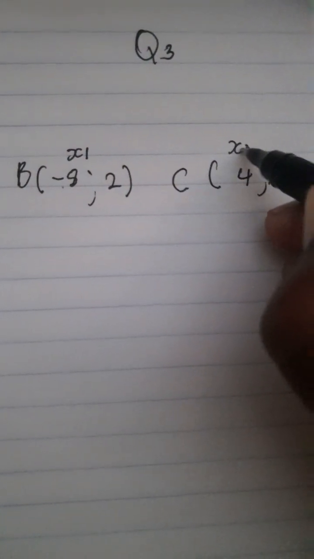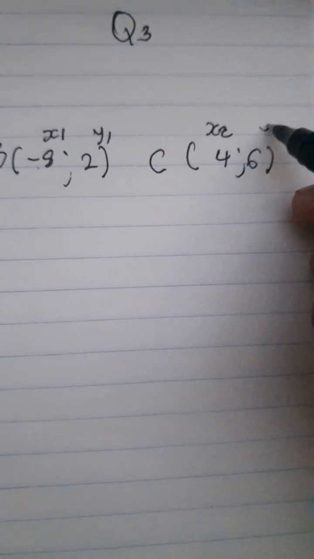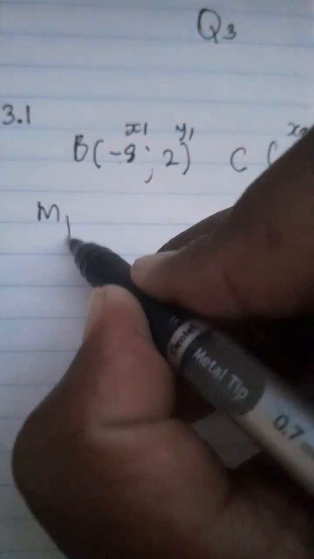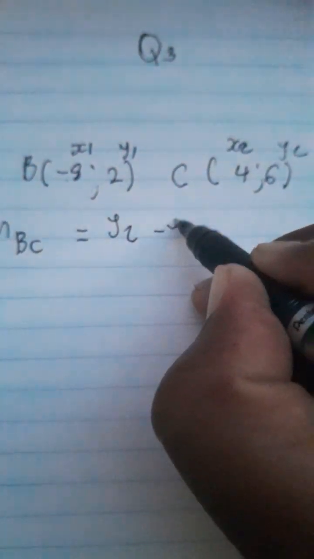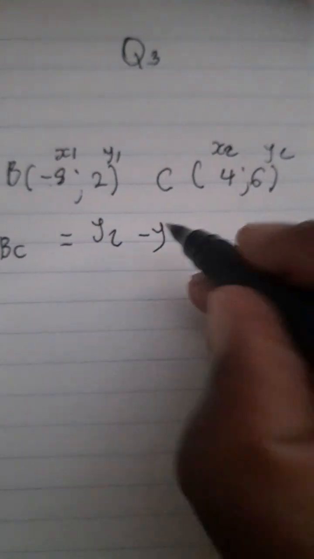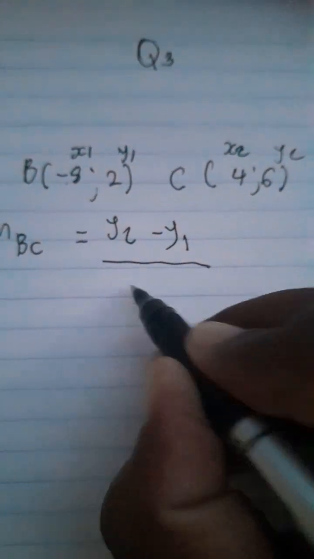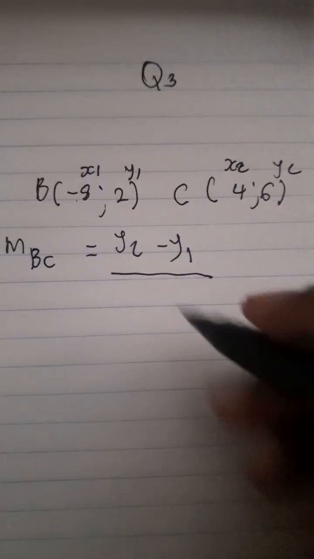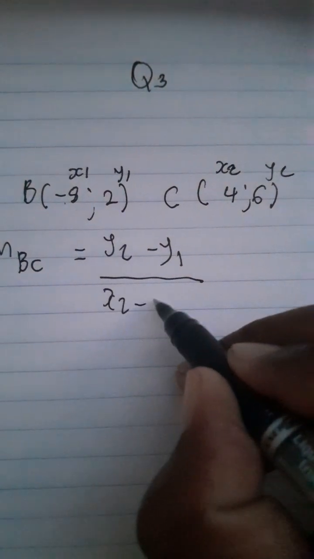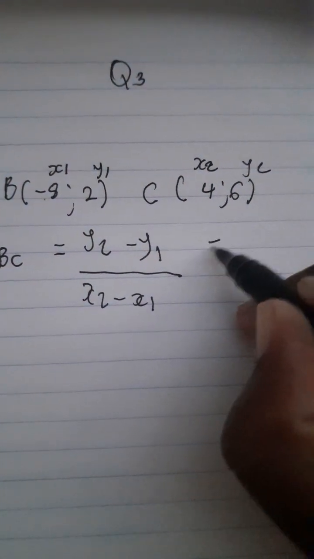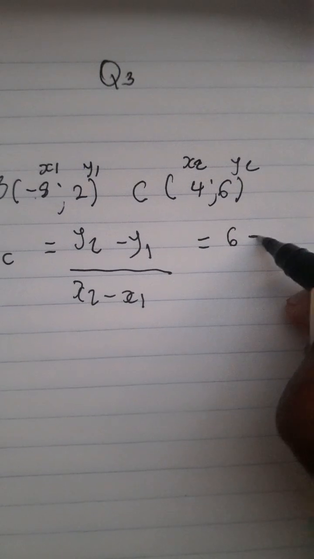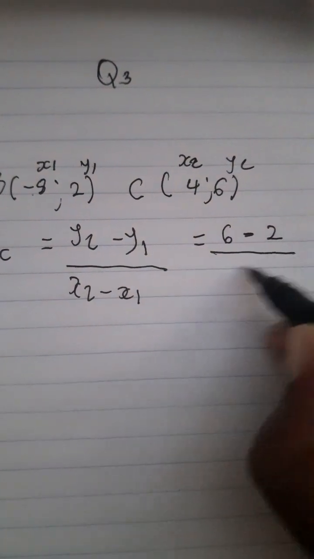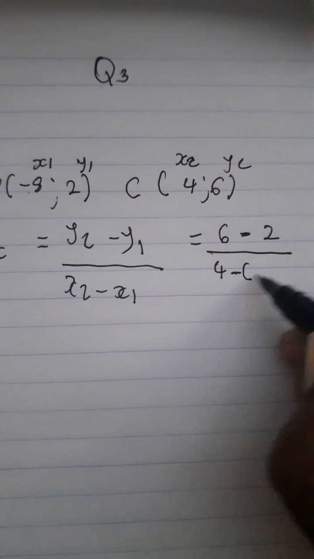So for you to find a gradient, let's name our points x1, x2, y1, and y2. So to find the gradient of BC, it will be y2 minus y1 over x2 minus x1. y2 is 6, y1 is 2, x2 is 4, x1 is -8.